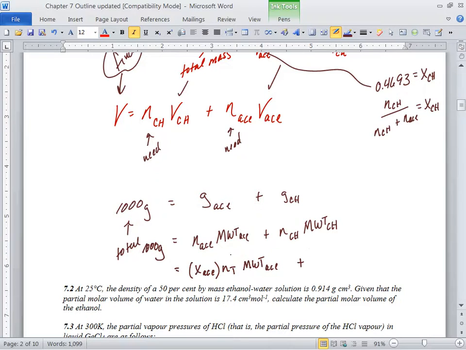All right, you see how this part is that, right? 1,000 grams has to equal this. And then my mole fraction of my chloroform times n total. See what I did?